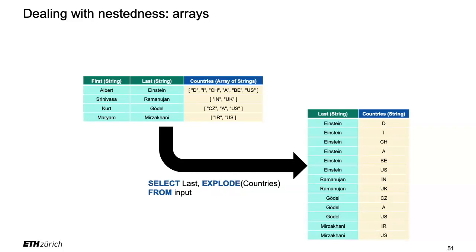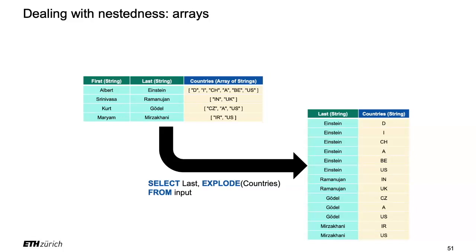What it's going to do is take each one of the values in the array of strings, D, I, C, H, A, and so on, and put them in separate rows. What about the other columns? Well, it's duplicating them. So for example, you have Albert Einstein that has D, I, C, H, A, B, E, U, S. Well, he was in so many places. We are just copying and cloning Einstein 6 times, and then we put each string in there. Ramanujan, there's 2, Kurt Gödel, there are 3, and Mirzakhani, there are 2, right?